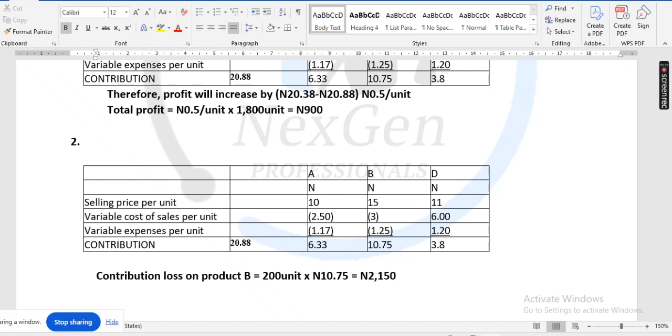Now, as a result of discontinued product C, you lose 2,150. Is that not so? You lose 2,150.